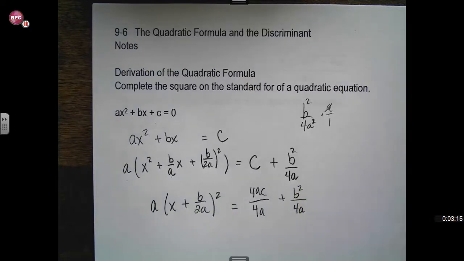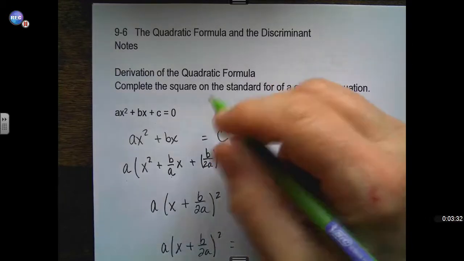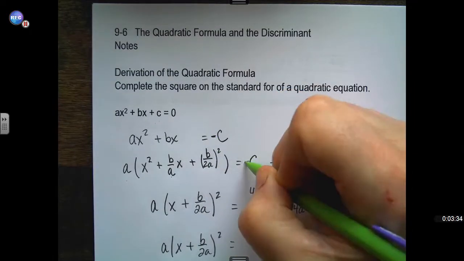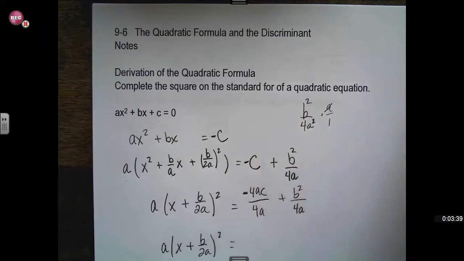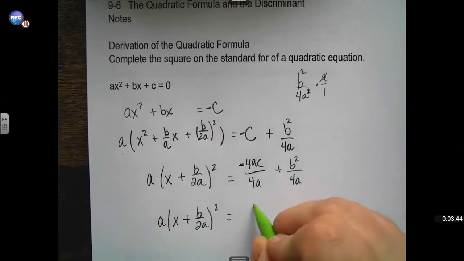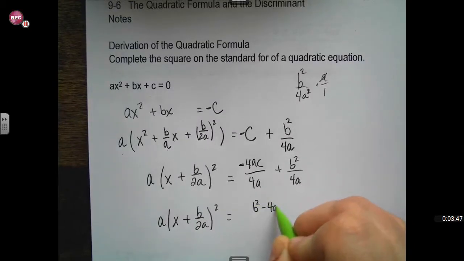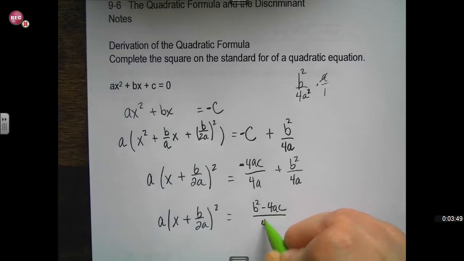And now I can add those together and have a times the quantity x plus b over 2a squared equals, little mistake here. When I moved this c over, I should have made it negative. Okay, sorry, I just moved it, so that's going to be negative. And when I add these together, I'm going to switch that around and write b squared minus 4ac all over 4a. Okay.